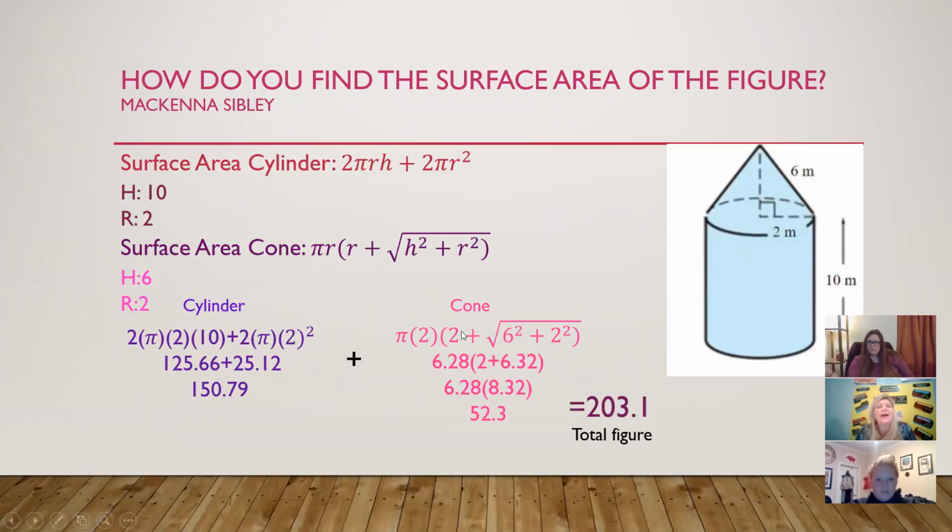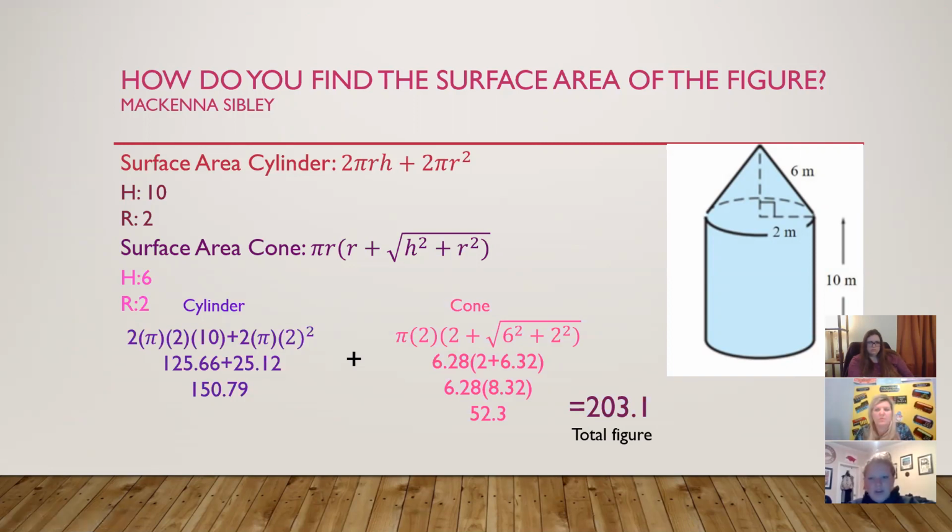So McKenna, how do you find the surface area of this figure? You can't find this as just one shape at once. You have to tear it apart, and you can see that the top is a cone and the bottom is a cylinder.